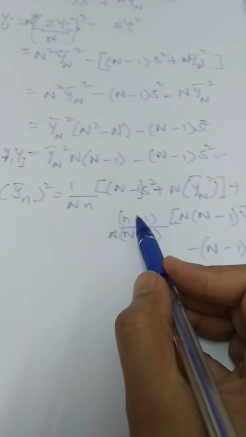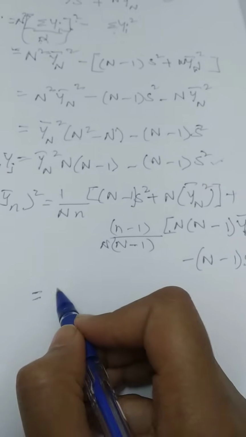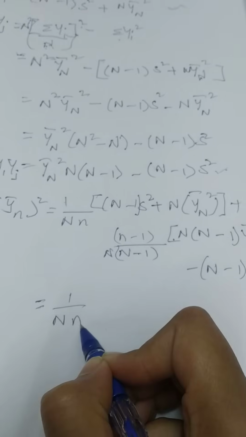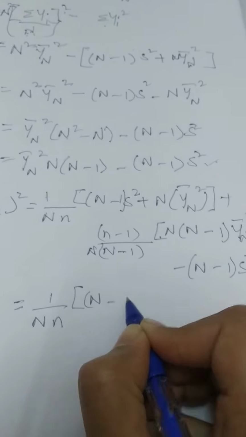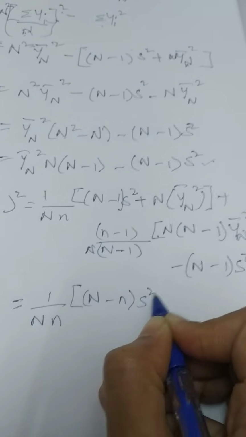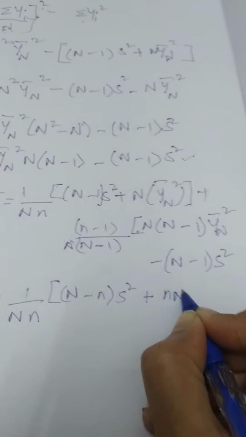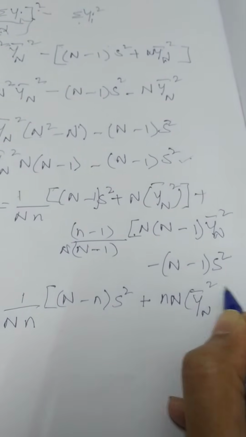Now if we calculate this, we will get this value as 1 by capital N small n into (capital N minus small n) into s square plus small n capital N into y bar of n square.